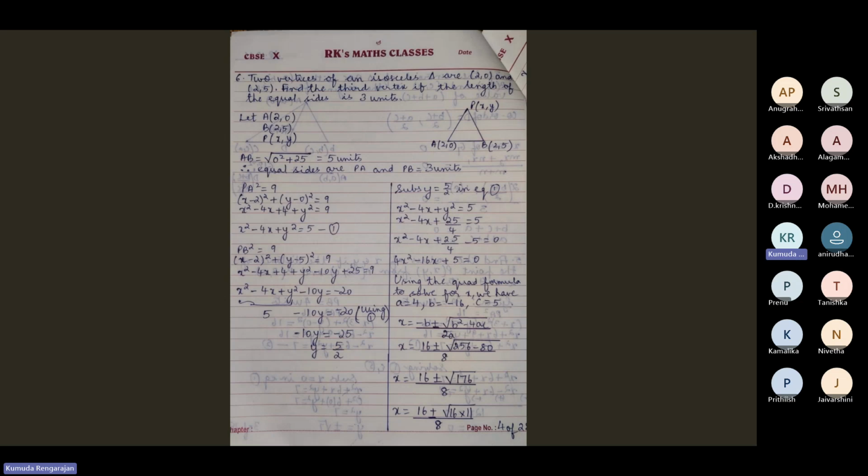Isosceles triangle, two vertices are given, (2, 5) and (2, 0). Find the third vertex. This is an isosceles triangle. Earlier we saw equilateral triangle. Find the third vertex if the length of the equal sides is 3 units.